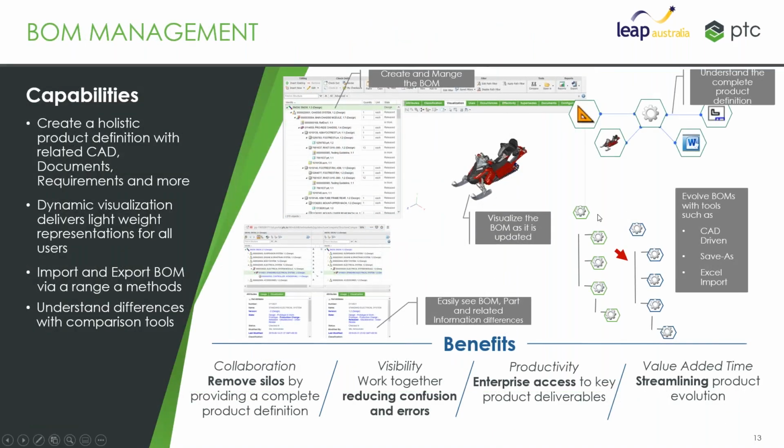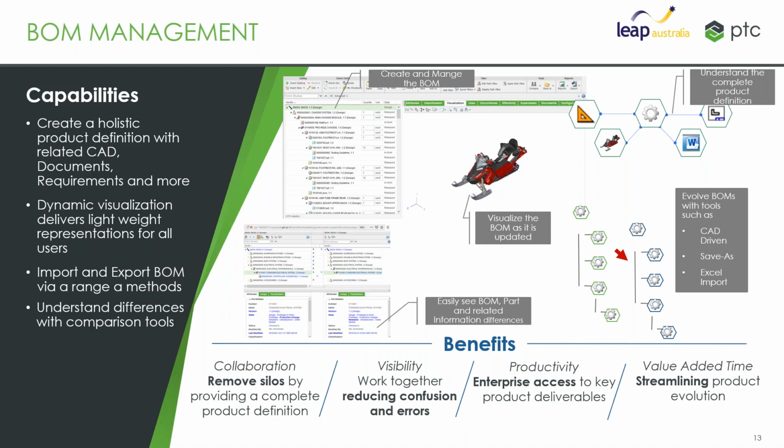So to come back to that at a high level, one of the key capabilities of Windchill is this BOM management. Okay, so to create and manage that BOM, visualize the BOM as it's updated, because we've got the CAD, we've got visualization available, so we can see that. We can see the related information. We can understand all of the documentation that goes with it, and then we can start to evolve that BOM over time.